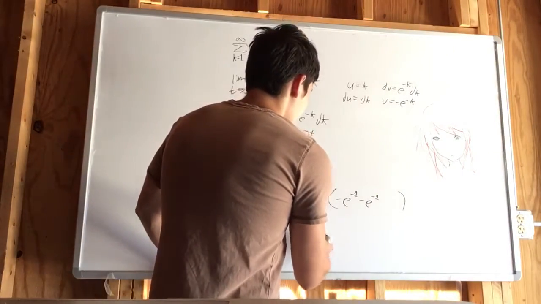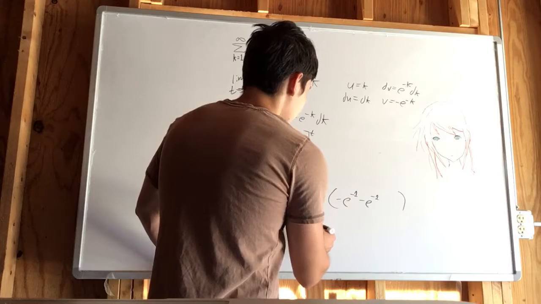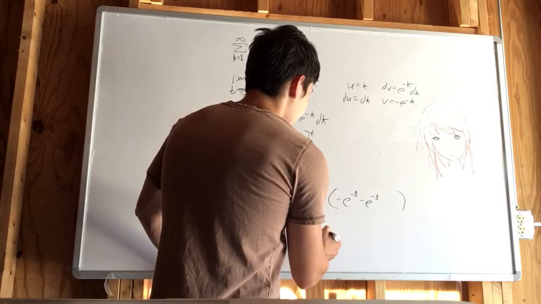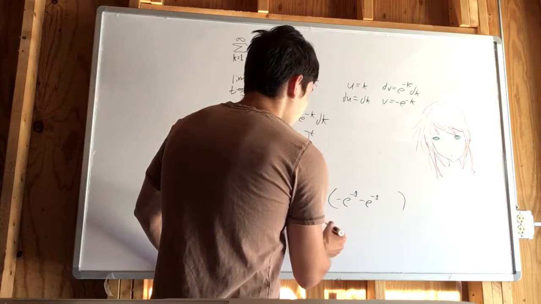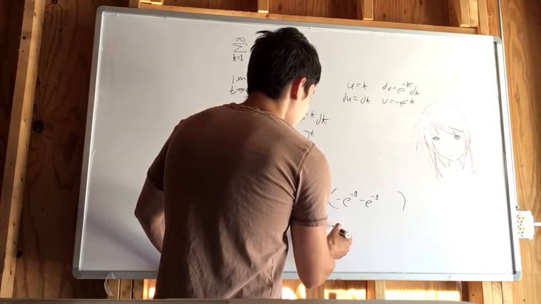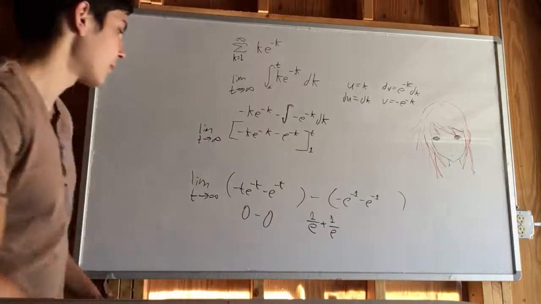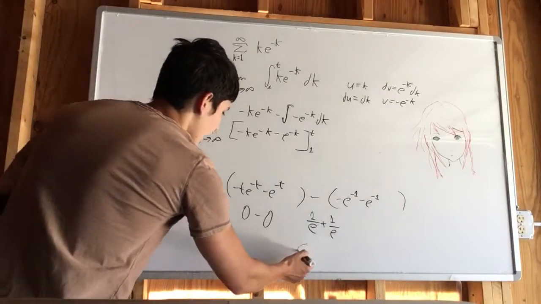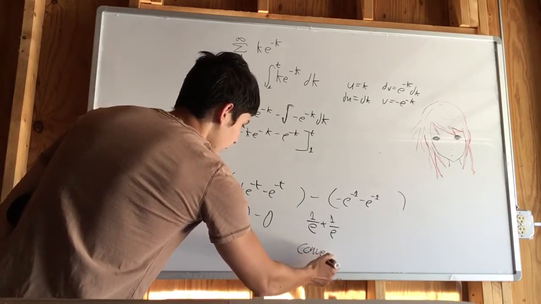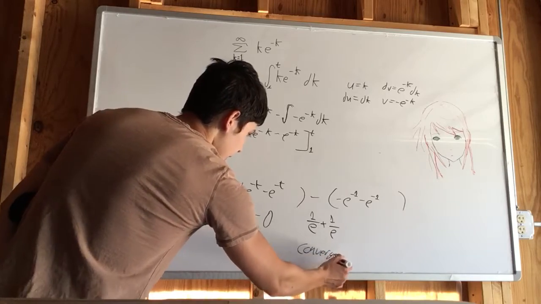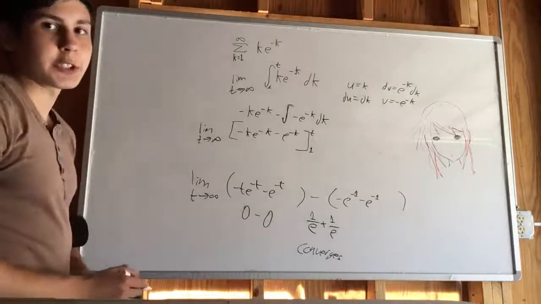So our real answer is you distribute this negative, which would make all of this positive. So 1 over e plus 1 over e. Therefore, since the integral converges, the series also converges.